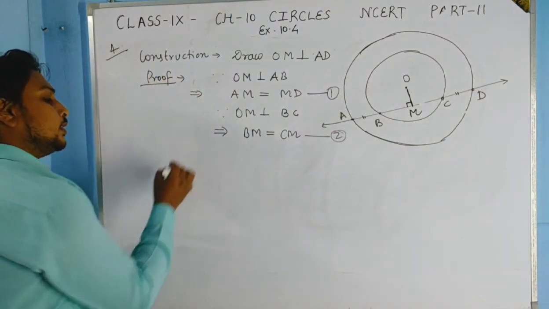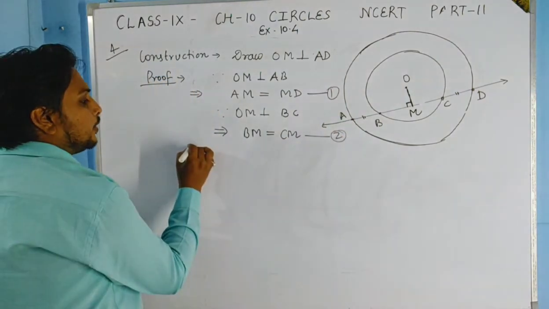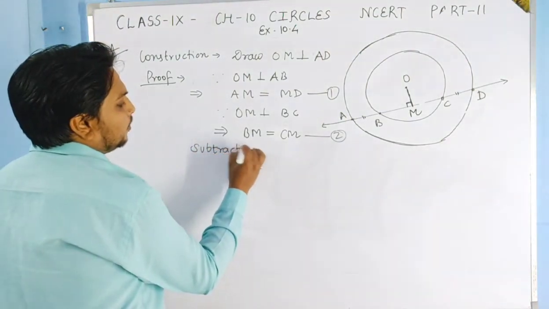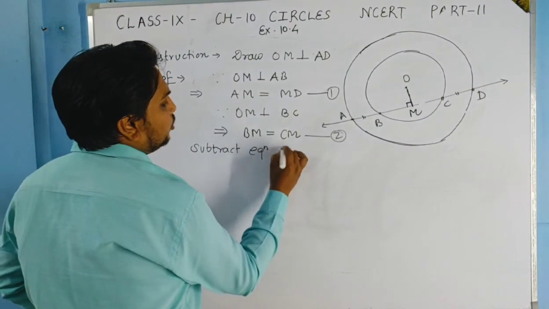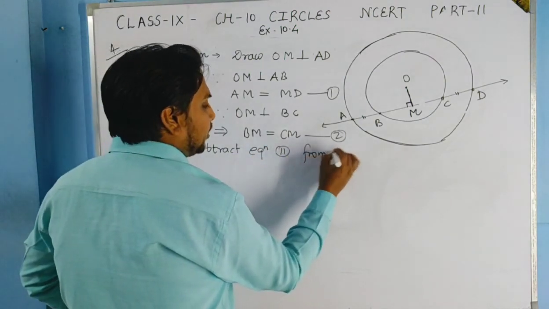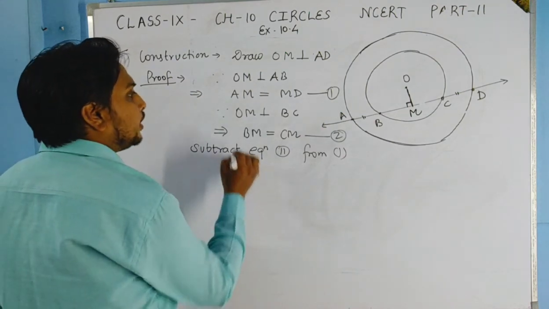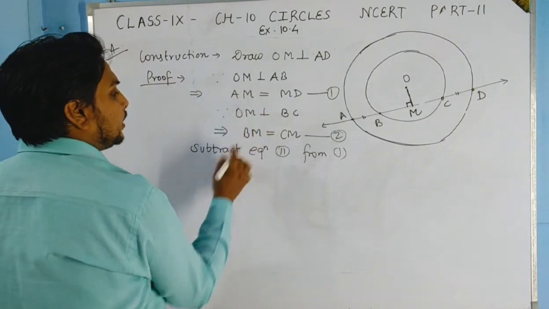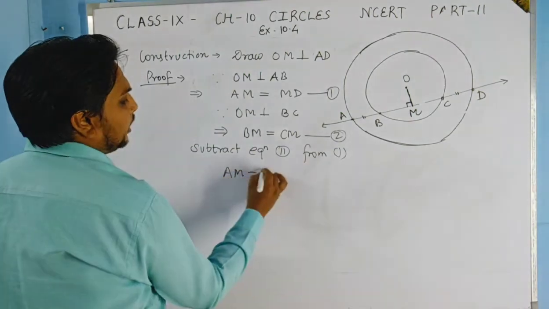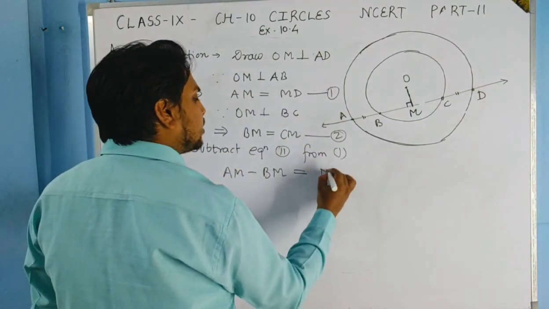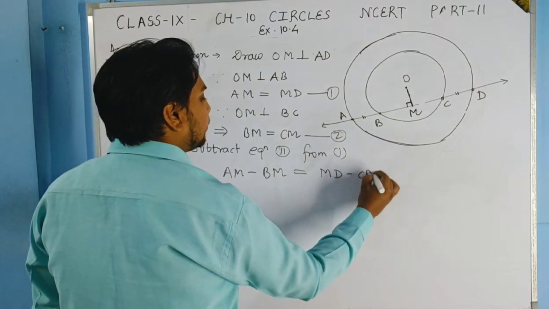Now students, subtract equation 2 from 1. What will you get? In the left hand side, you will get AM minus BM. In the right hand side, you will get MD minus CM.